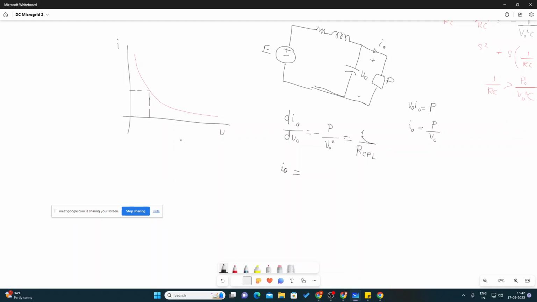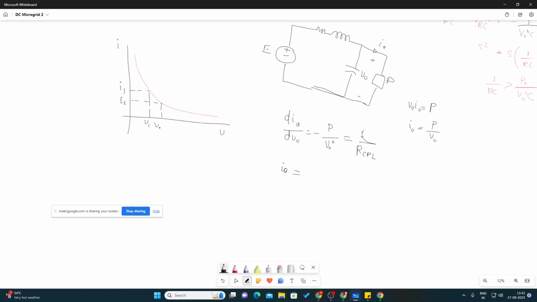So now we have two expressions. So this is I, and this is I1 and this is I2.